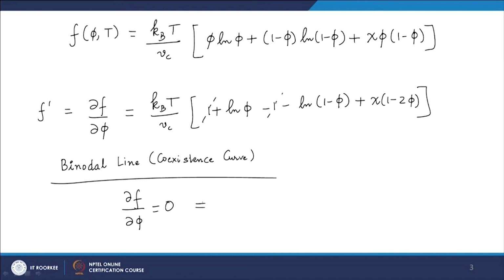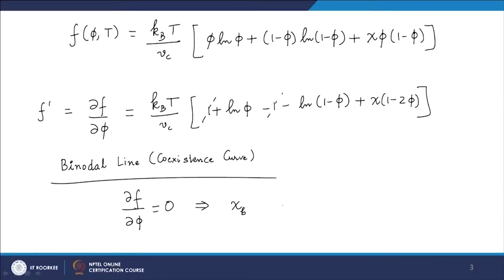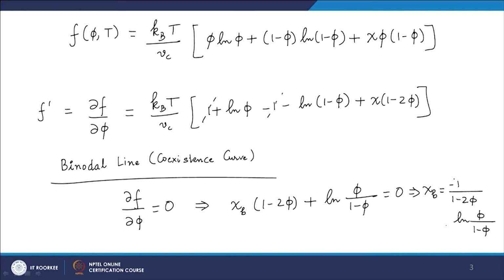So, if I call chi b the value indicating the binodal line, then by solving that equation, chi b into 1 minus 2 phi plus ln of phi by 1 minus phi is equal to 0, that is chi b equals minus 1 by 1 minus 2 phi ln of phi by 1 minus phi.